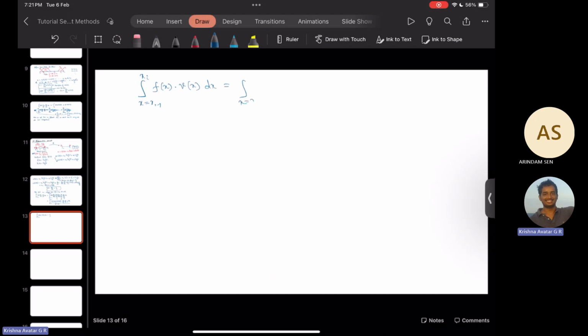So this can be mapped as f of x of z times v of x of z, dx by dz, dz, so that our integral limits become -1 to 1, and we have this as J. So we have -1 to 1 f of x of z times J, which we called h by 2, times v of x of z, dz.